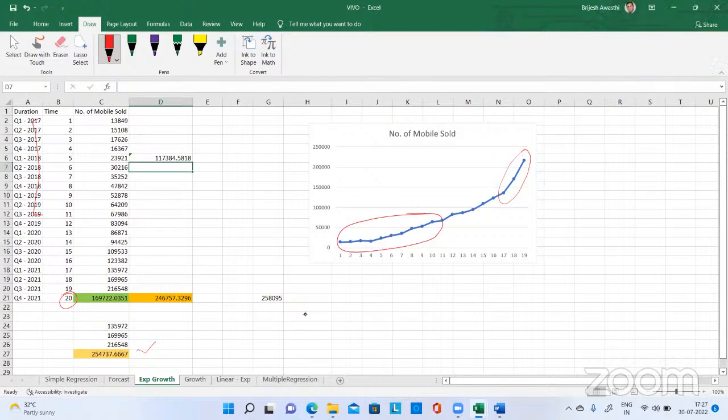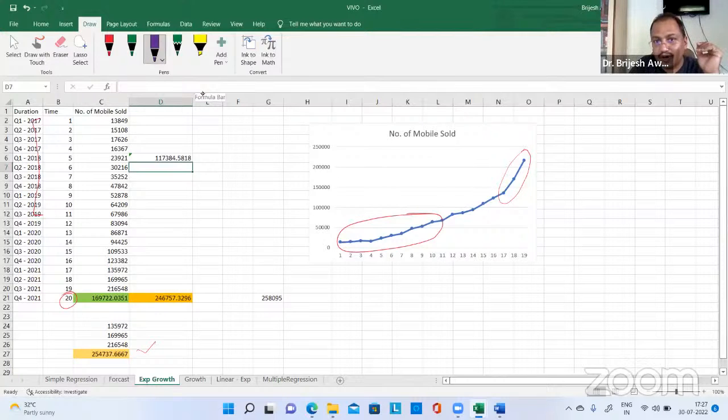Am I audible or not? Why does it happen? Because according to this data, I'm talking about this oval part only, the regression line goes like this only. And there is exponential growth in this part.